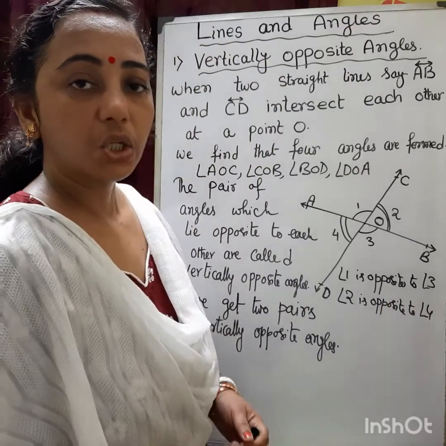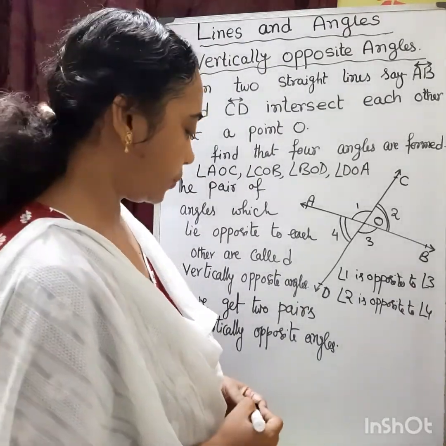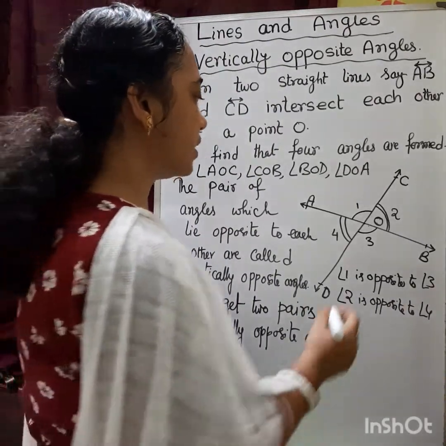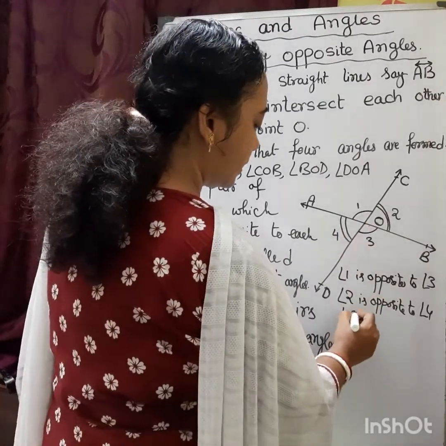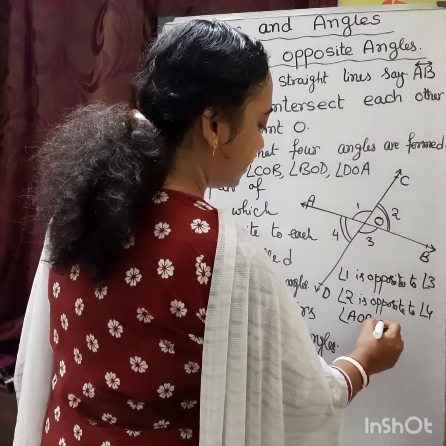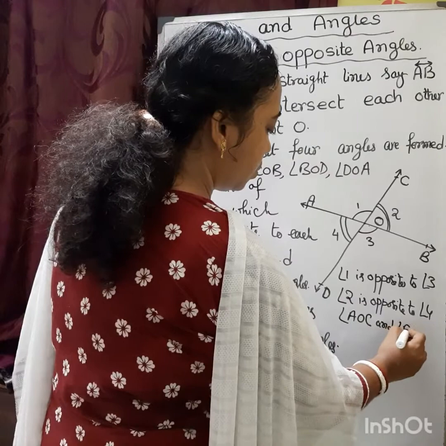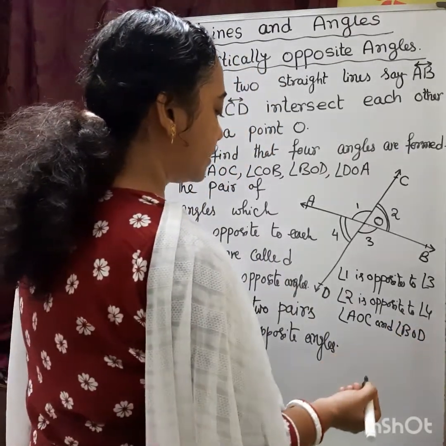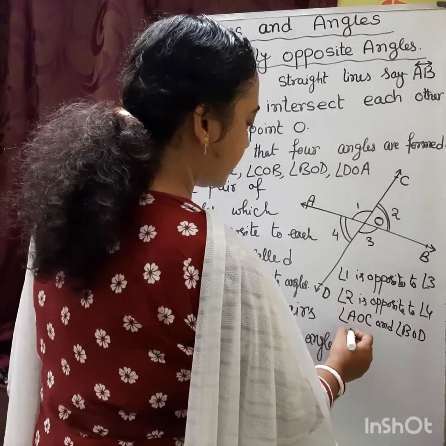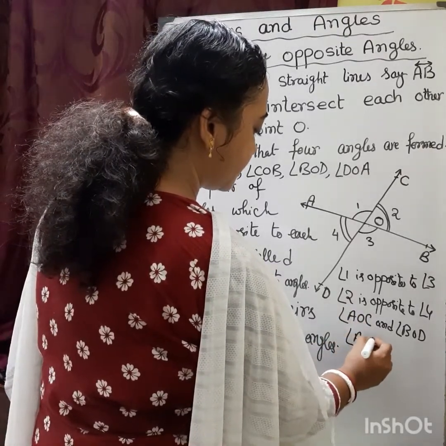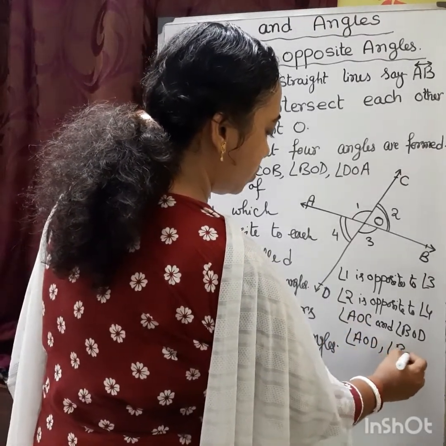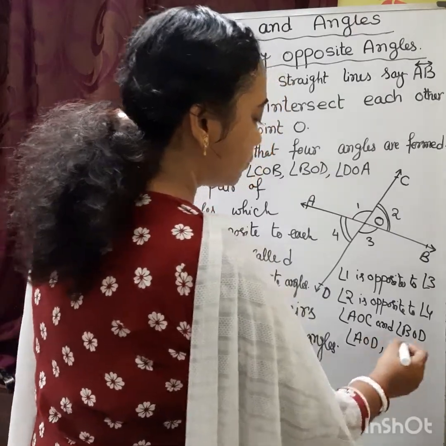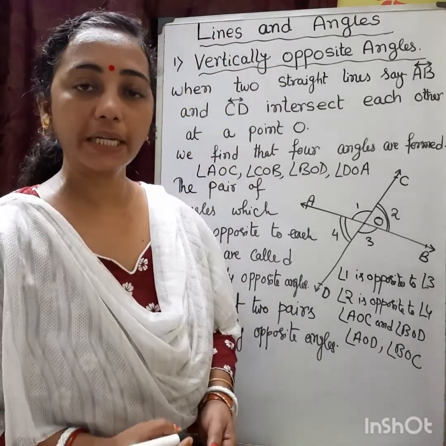So we get two pairs of vertically opposite angles, that is angle AOC and angle BOD. This is one pair of vertically opposite angles, and another is angle AOD and angle BOC. So we are getting here two pairs of vertically opposite angles.